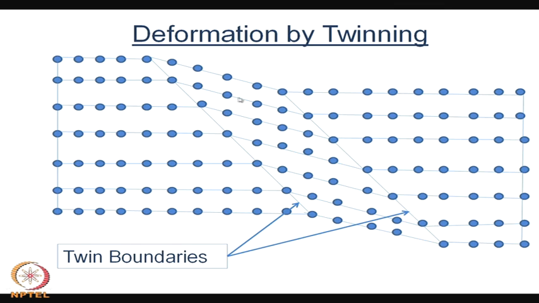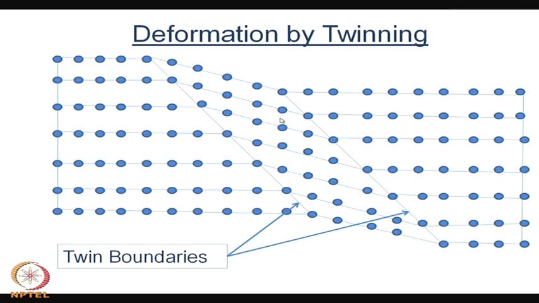That means this atom has moved a smaller distance, this atom has moved a larger distance, and this particular atom has moved the largest distance from its original position, and they have a relationship between themselves. So, they again form a set of planes.